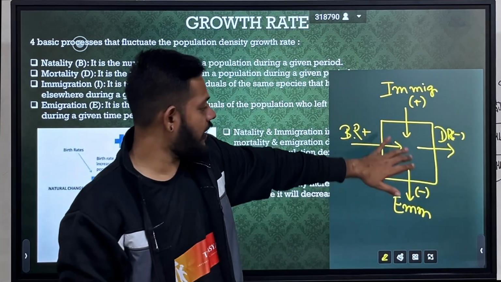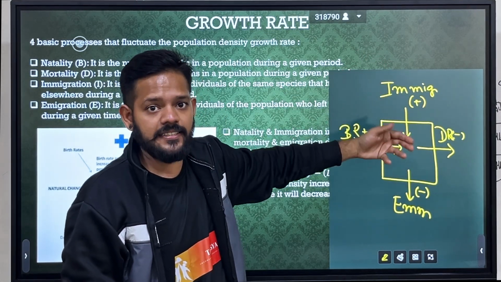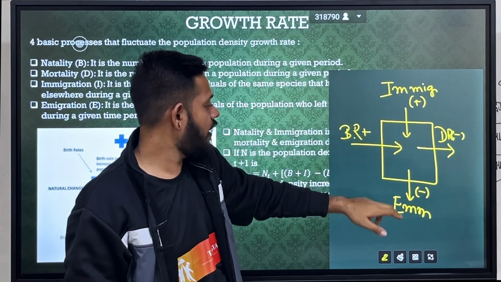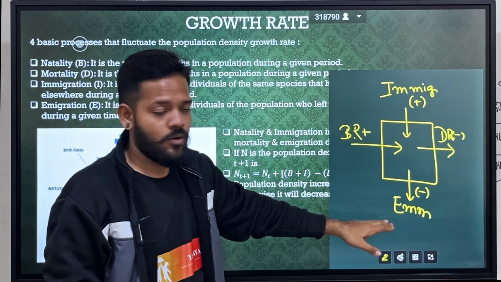So we have a particular area in which some population is coming inside, which increases the population density of that area. That is your immigration. And some population leaves that area. That is your emigration.